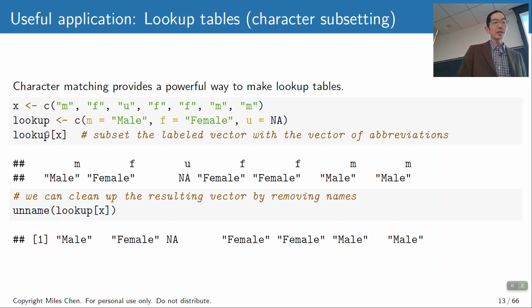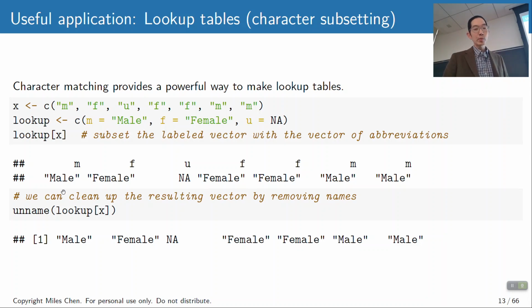Because we can have repeated indices, it's going to look up the value corresponding with the name M, the value corresponding with the name F, and so on and so forth. And so now we get the entire vector with everything replaced as we want it replaced, right? So we get male, female, NA, female, female, male, male, et cetera.